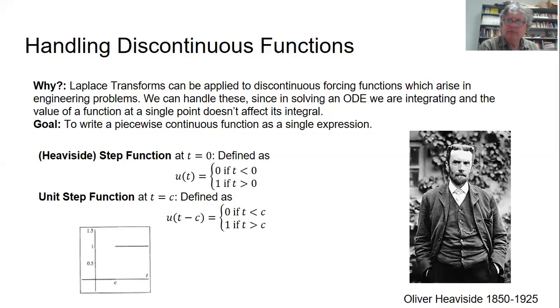Laplace transforms had been invented by Laplace, of course, in the early 19th century, and he was looking at some problems in probability. And Heaviside was among a group of mathematicians in the later part of the 19th century who started seeing the advantages of using Laplace transforms to solve differential equations.